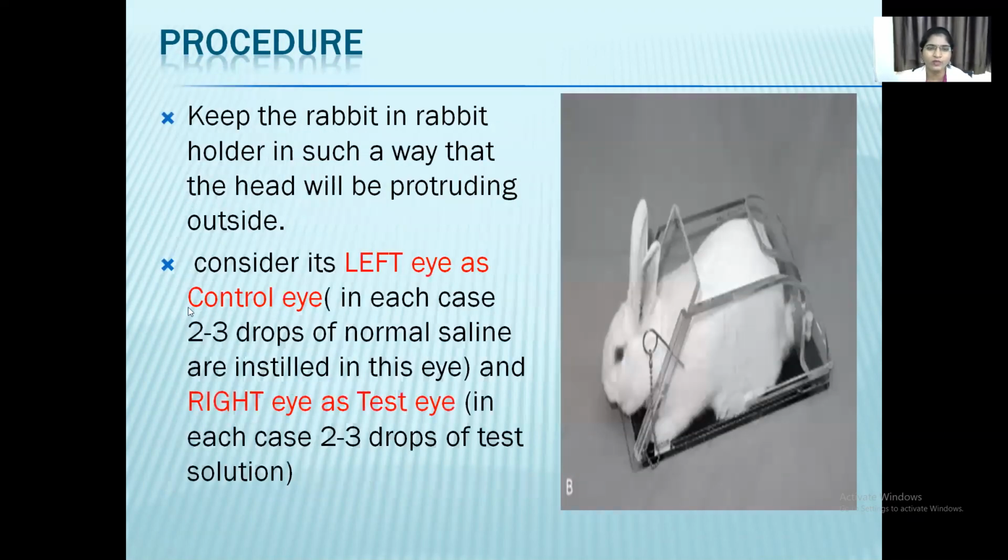First you have to keep the rabbit in the rabbit holder in such a way that the head protrudes outside. Like this you can keep the rabbit in the rabbit holder. Always consider the left eye as the control eye and the right eye as the test eye.